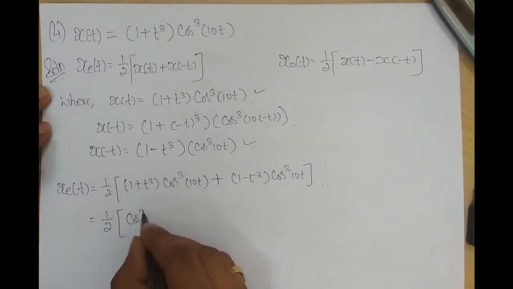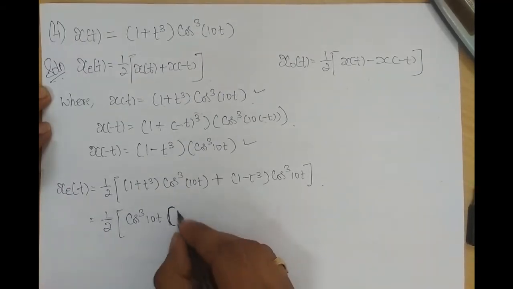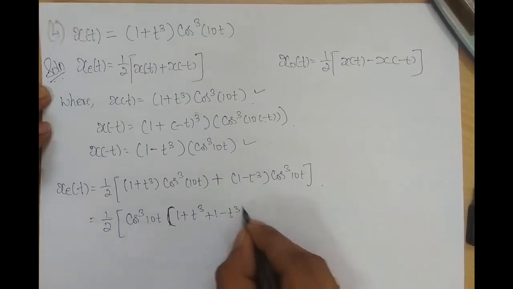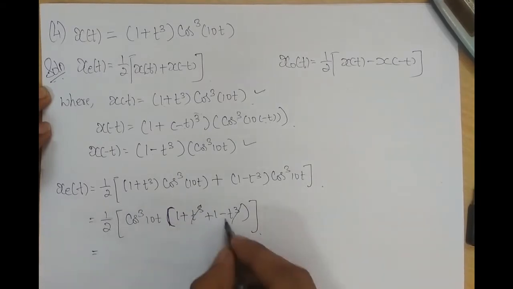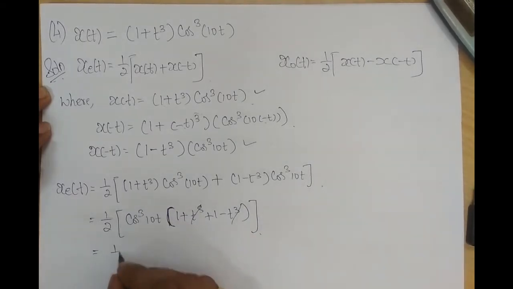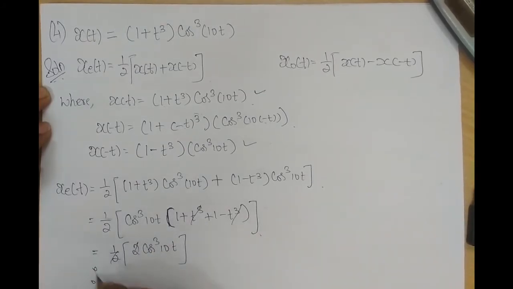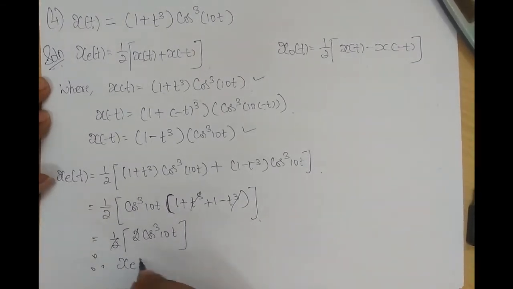I can take cos^3(10t) common. What I end up with is (1 + t^3) + (1 - t^3). The plus t^3 and minus t^3 cancel out, so this is 2. So 1/2 times 2 times cos^3(10t), the 2 cancels out. Therefore I end up with the even component as cos^3(10t).